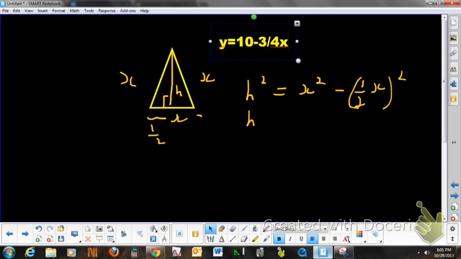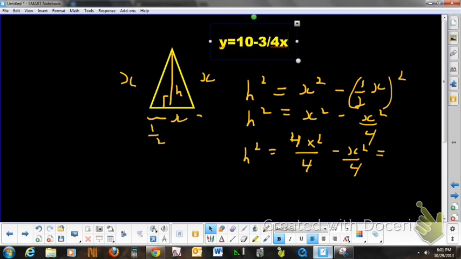Now when we work that out, we get h squared is equal to x squared minus x squared over 4, and then when we do some simplifying, we get 4x squared over 4 minus x squared over 4, which is going to equal 3x squared over 4.